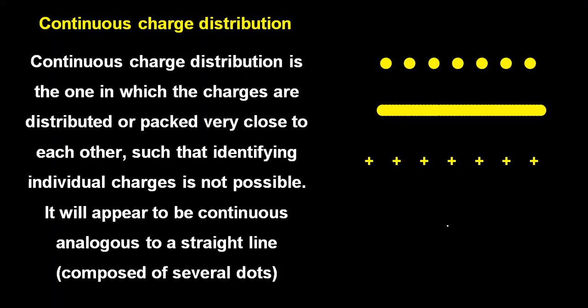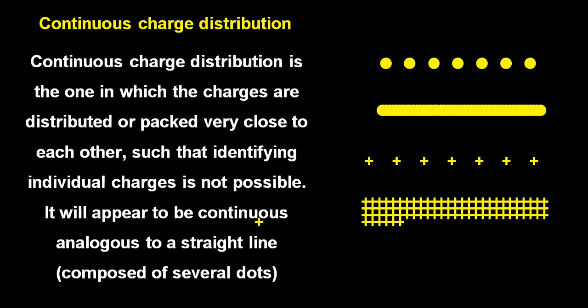The charges are far apart. In such case, I'm able to identify individual positive charges over here. So these charges have discrete nature. Now let me consider the positive charges are getting distributed on the body. You can see how tightly they are packed. They are closely packed. We cannot identify individual positive charges as in the earlier case.